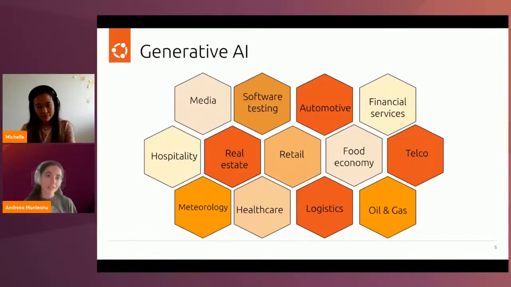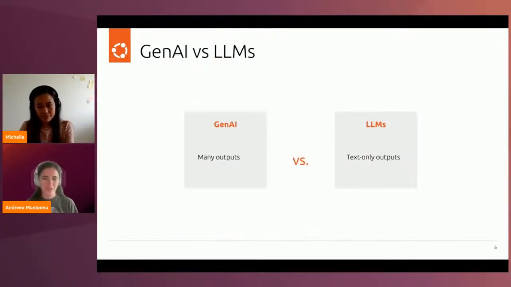Yet, if you move towards the next slide, the most common question that I get is what's the difference between Gen AI and large language models, or LLMs? Are they the same? Should we use LLMs or Gen AI? Long story short, LLMs are a subcategory of Gen AI. The main difference is the output that it produces.